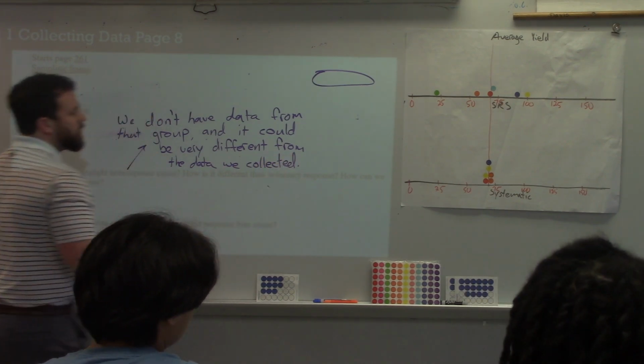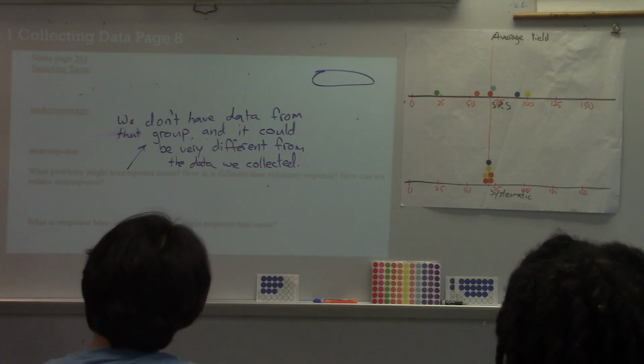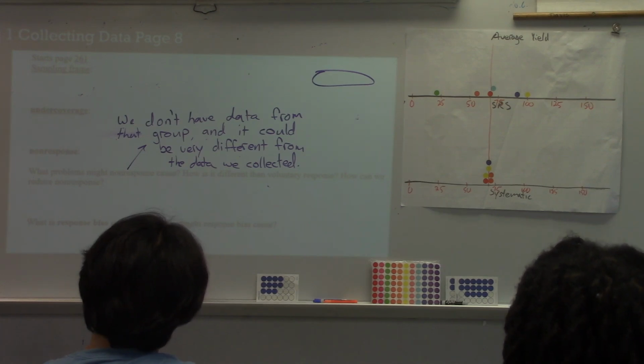Non-response is a major issue if the group we don't get data from is different from the group we do get data from.